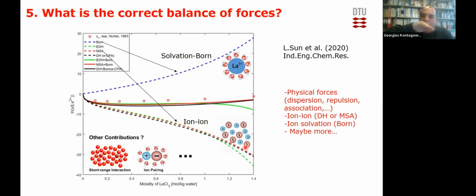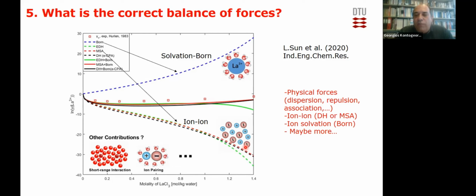And you will see the Born term goes up with increasing concentration, and the ion-ion contribution goes down with increasing concentration, no matter if the ion-ion comes from the Debye-Hückel or the mean spherical approximation. And you will see an activity coefficient that very often, with a successful model, goes via the minimum that we sometimes have with the experimental data: it decreases first, goes via the minimum, and increases.